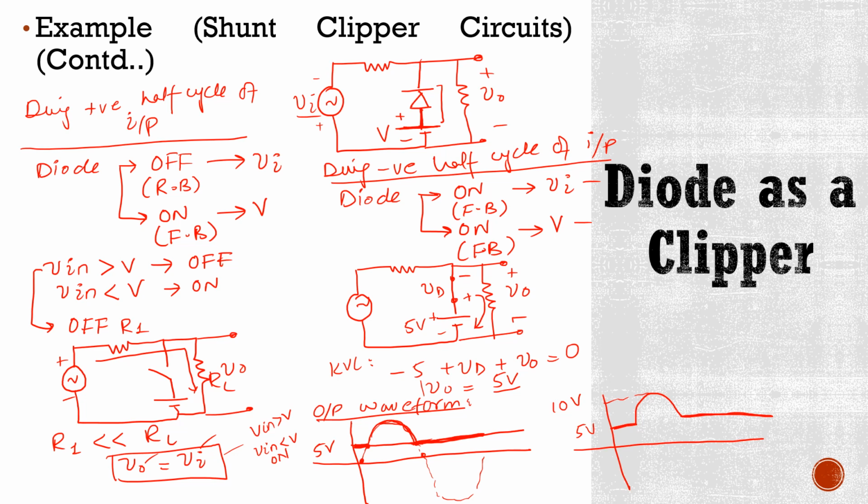So this circuit is an example of a shunt negative clipper with positive bias voltage. Why positive? Because the positive terminal of this DC battery is connected with the positive terminal of the diode.